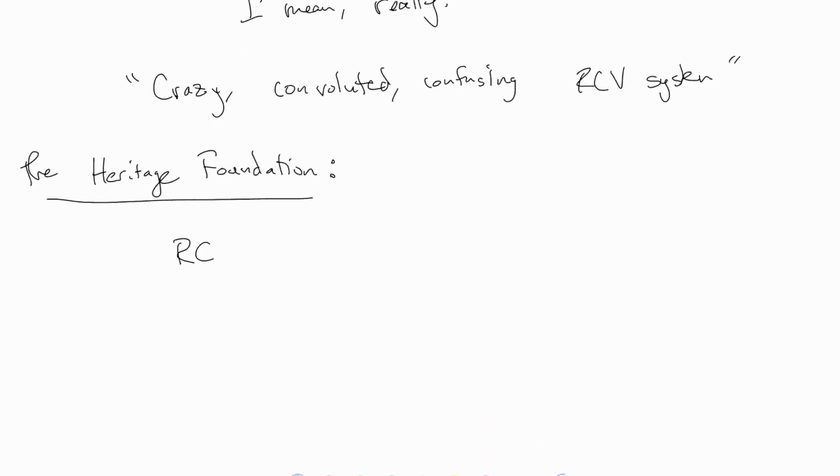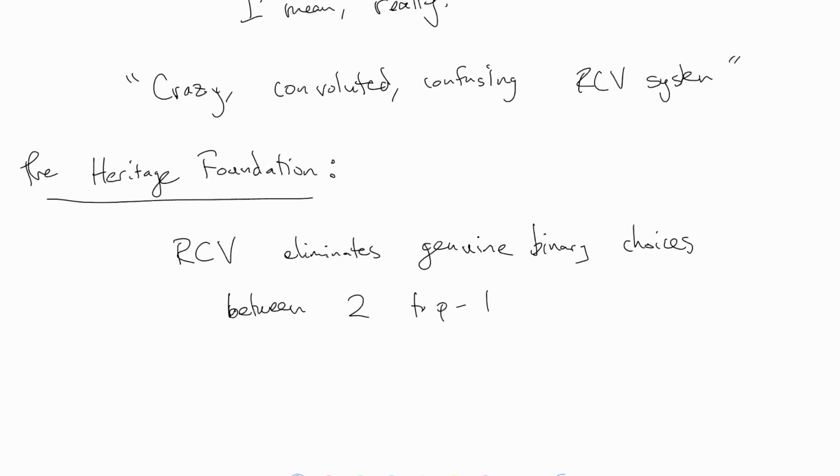Anyway, the Heritage Foundation's official statement about ranked choice voting, they are ranked choice haters, and what they say about this is: ranked choice voting eliminates genuine binary choices between two top-tier candidates. This is a quote from their official position paper about ranked choice voting.